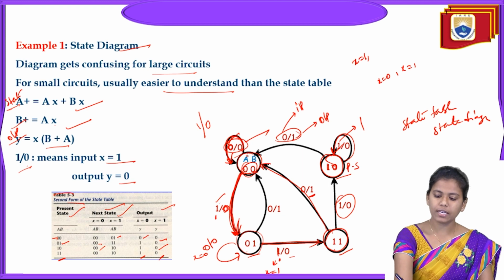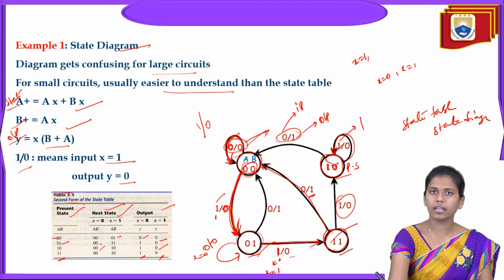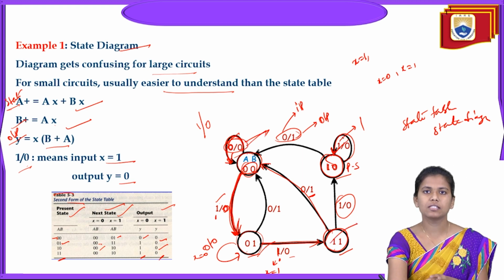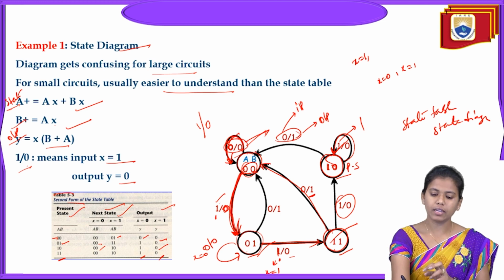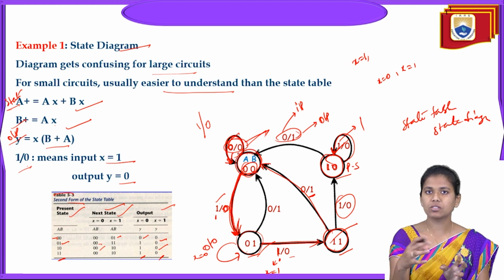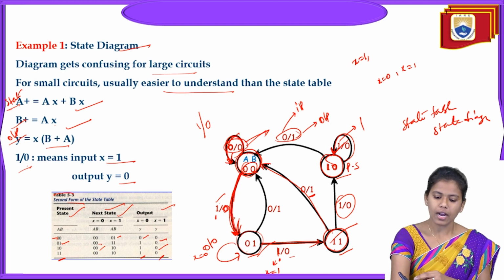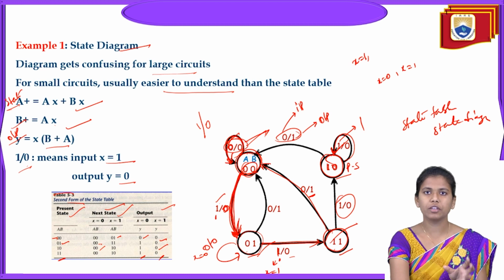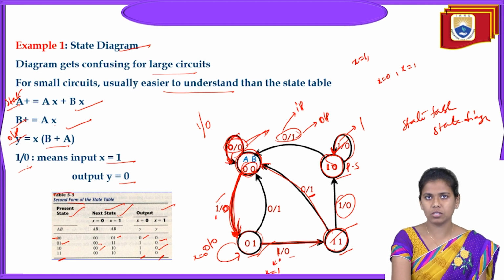So whatever the states you are considering, state 1, state 2, state 3 and state 4, remember that each state will take its transition to itself one time, and then the transition goes to the other state the other time. And that's how the transition between the different states goes on. This is all about the state diagram and state table.